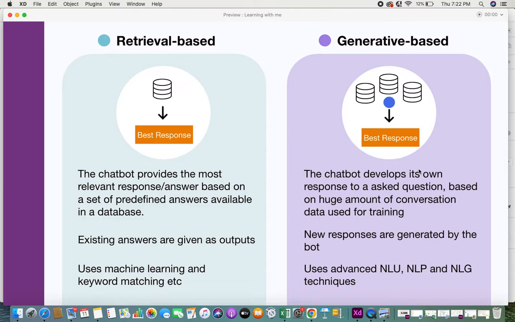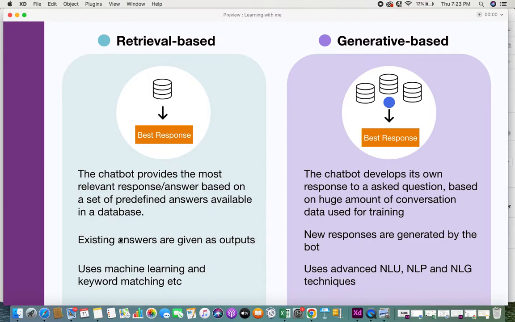It develops its own response to an asked question based on a huge amount of conversation data used for training. Imagine a small child. The child learns to talk based on the family, the friends, the environment, the people talking every day. Based on all that, the child processes and starts developing their own sentences. So this is an example of generative based bots.